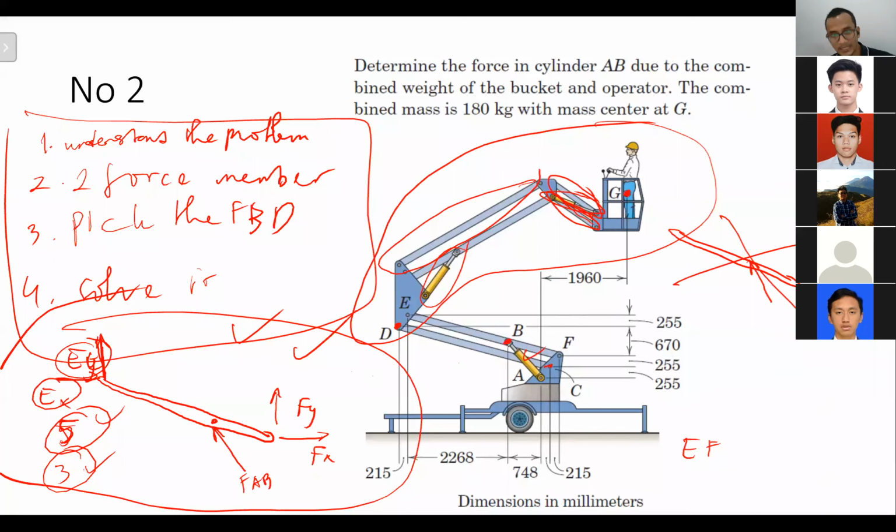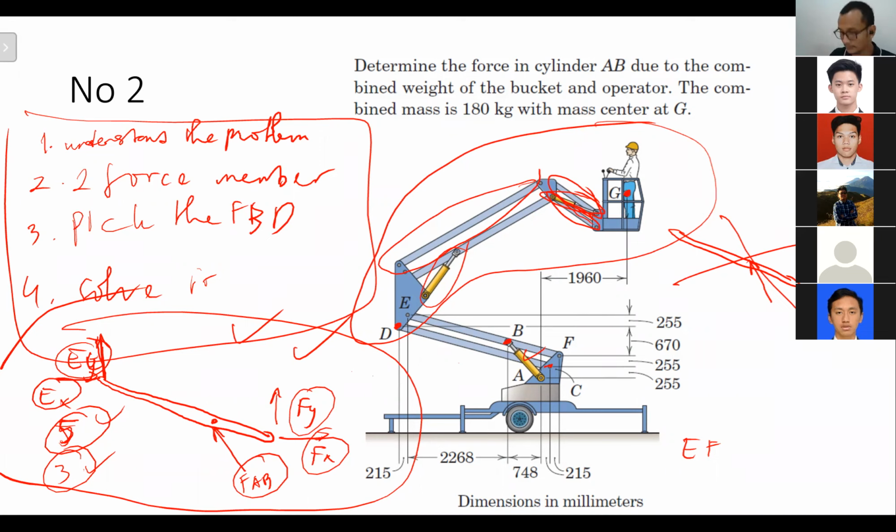I think so. In that case, we can go for it. Because if we solve for EX and EY first, this particular free body diagram will be left with only three unknowns and three equations, which can be solved. Right, Asad?